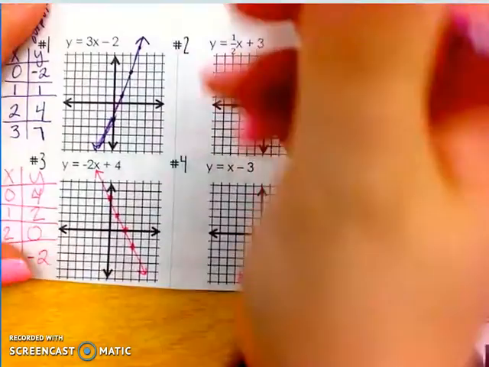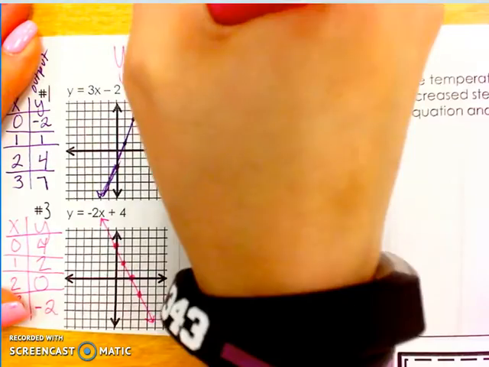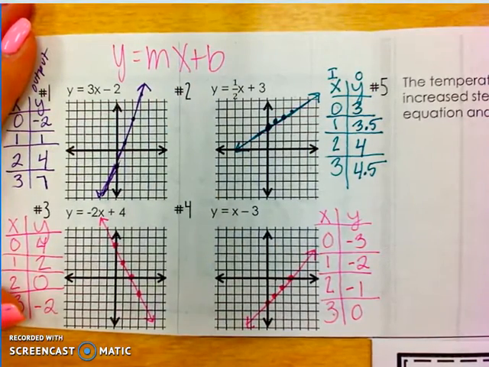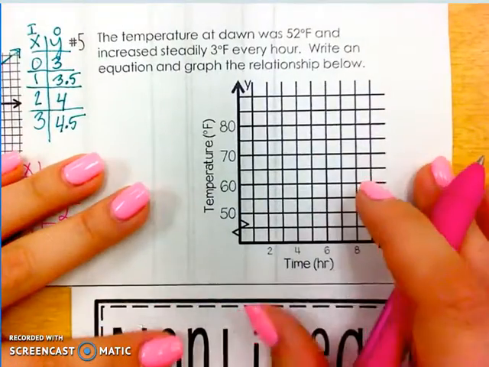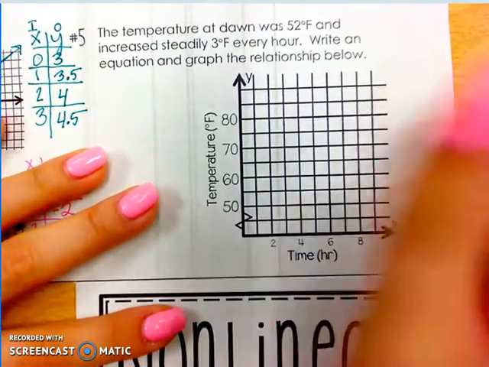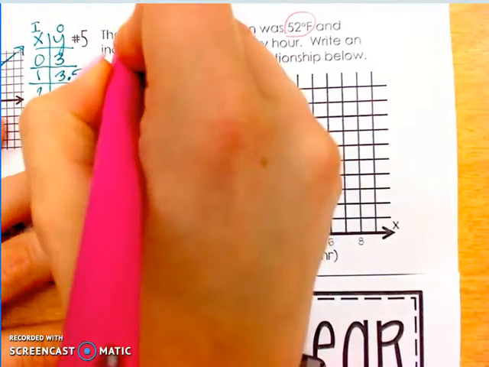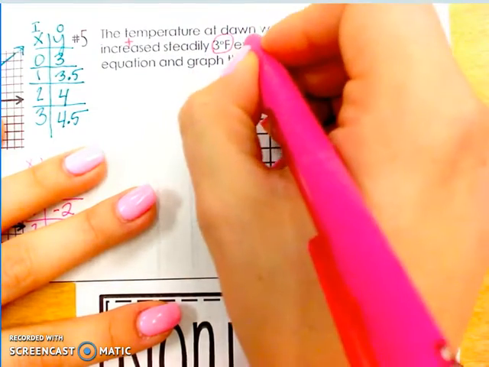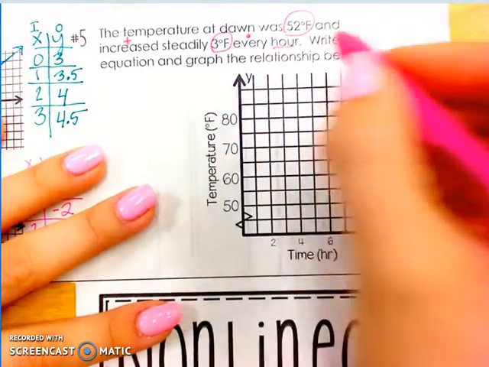Linear functions will always be written in y equals mx plus b form. And that's exactly how all 4 of these are written. Look at number 5. The temperature at dawn was 52 degrees, and it increased steadily 3 degrees every, meaning multiplying, hour.